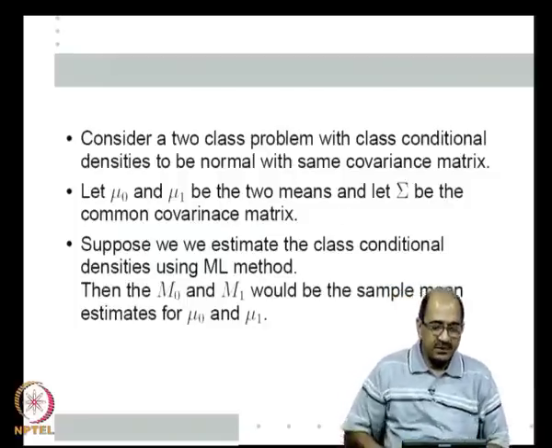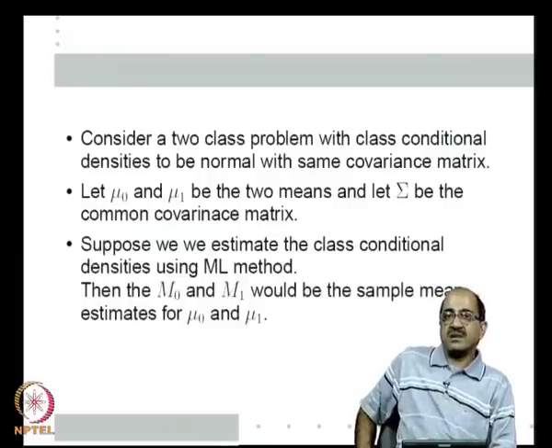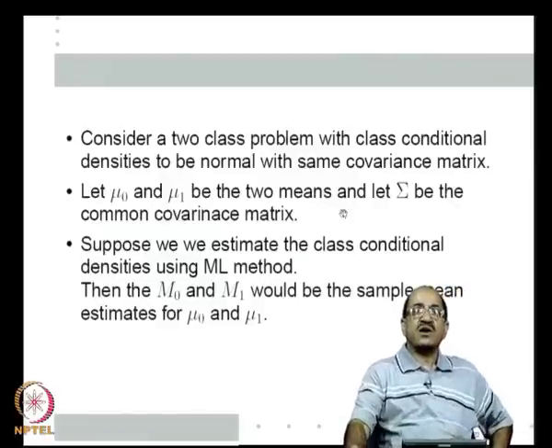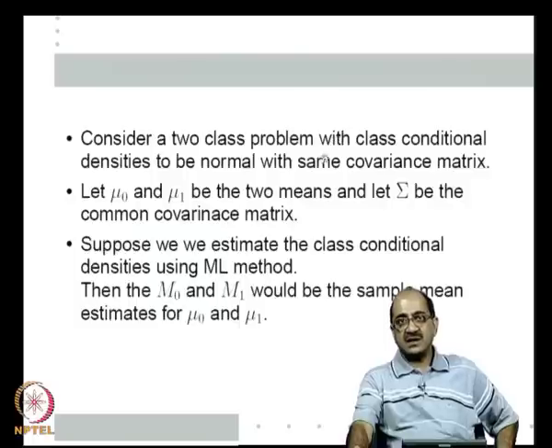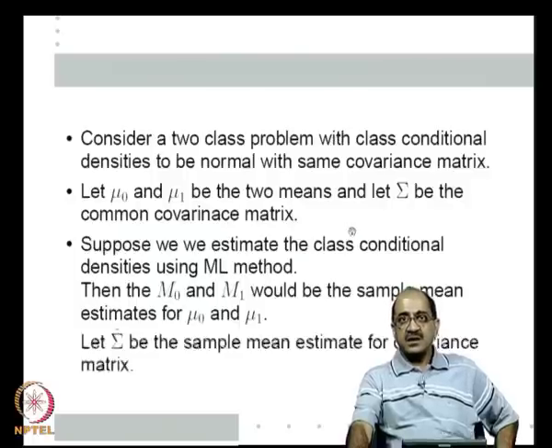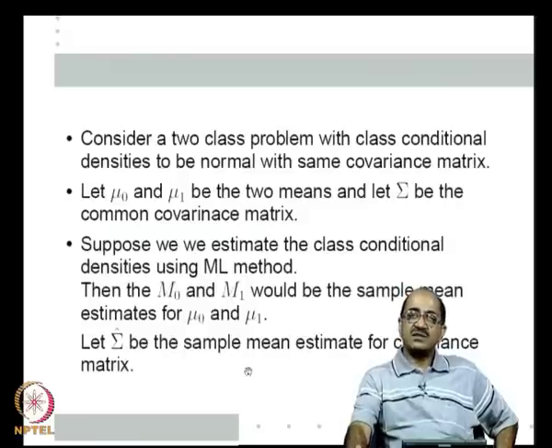That is how we obtain m0 as 1 by n0 summation xi, the sample mean estimator for mu0, similarly m1. So, I would have obtained the same m0 and m1 as the sample mean estimators for mu0 and mu1 had I tried to do this estimation of class conditional densities under maximum likelihood. Similarly, I would have got some sigma hat as the estimate for the covariance matrix.